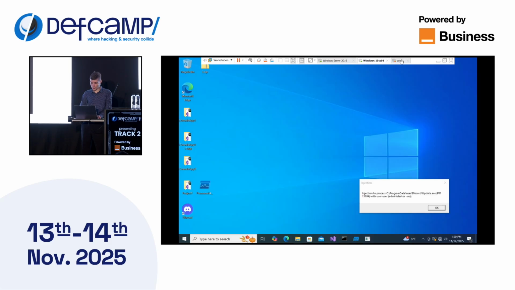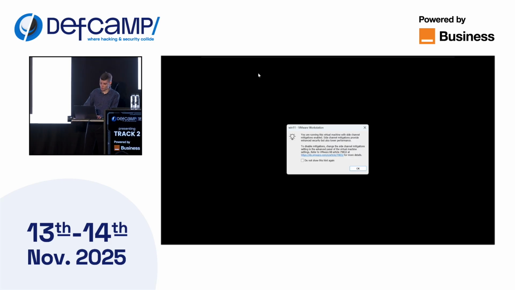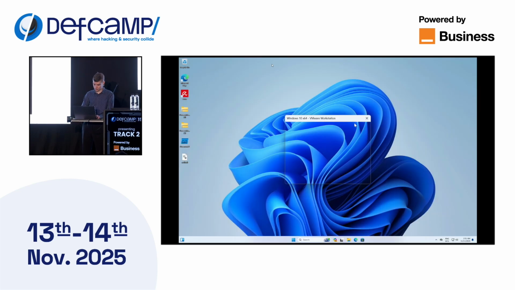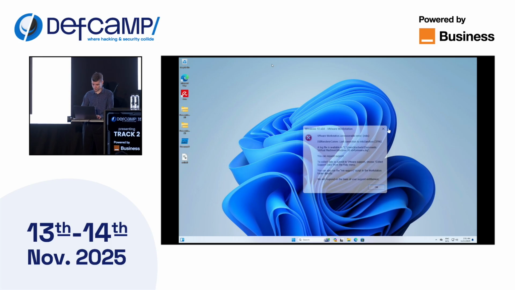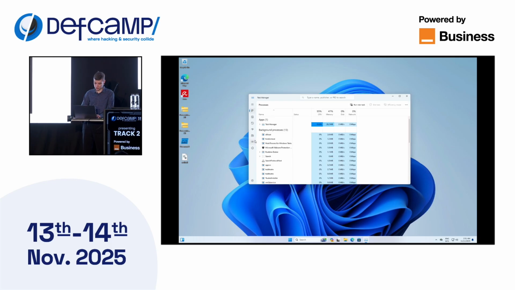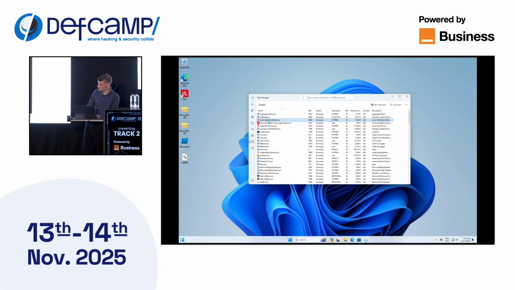So over here, I have a virtual machine with Avira installed, and let's say we want to tamper with Avira's process. OK, so here is the task manager, and here you can see the Avira processes.